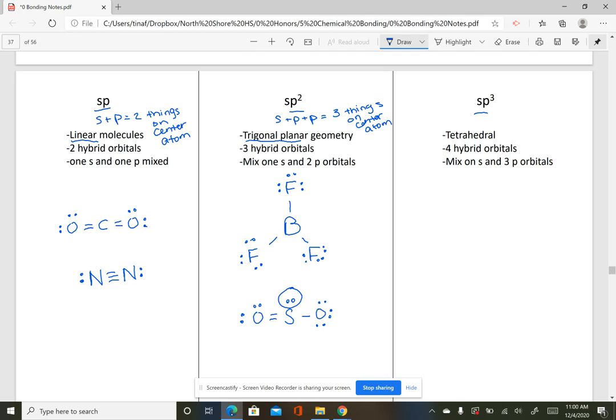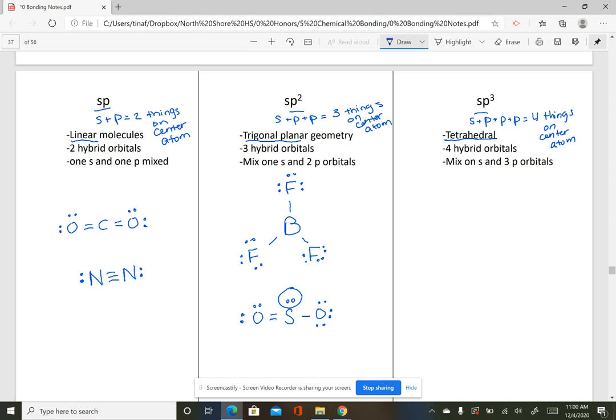Okay, finally, guys, sp3 is an s plus a p plus a p plus a p, which means to have sp3 hybridization, you need 4 things sticking off the center atom. And again, guys, when we say tetrahedral here, we're talking about the electron domain geometry.